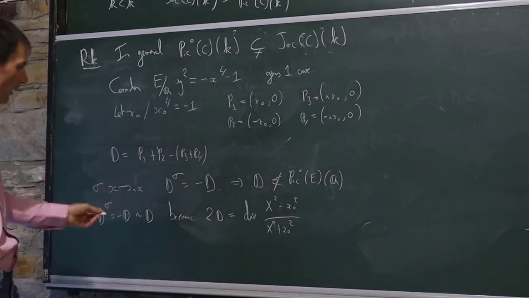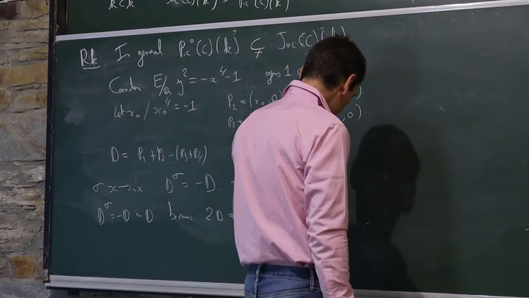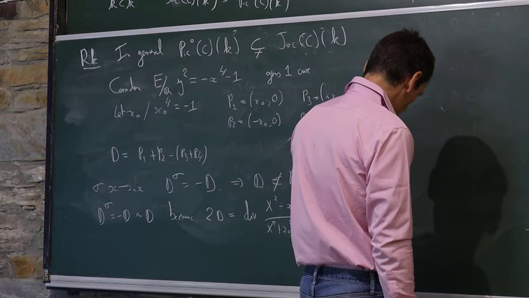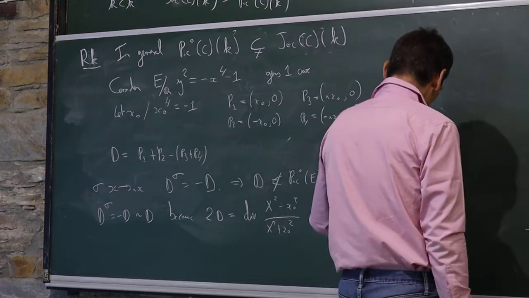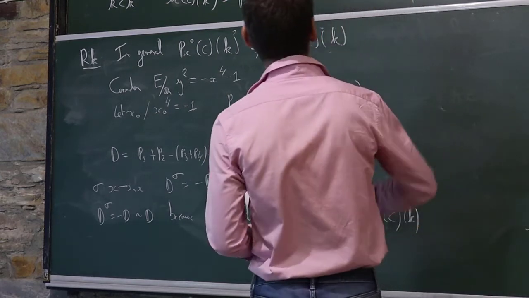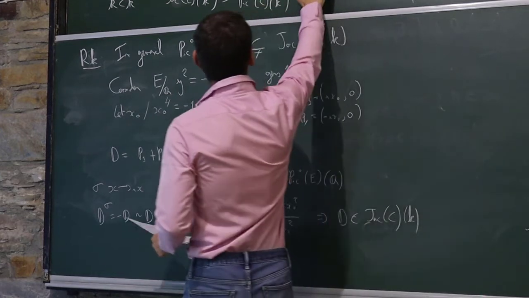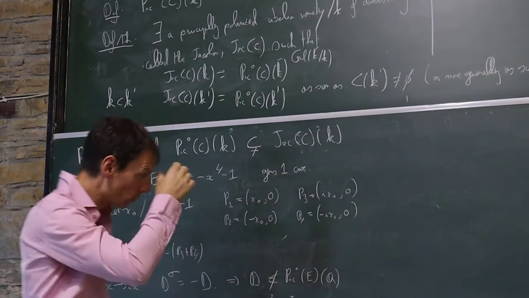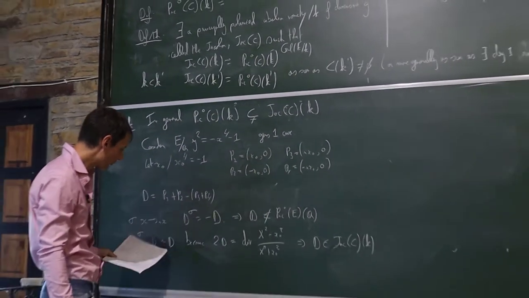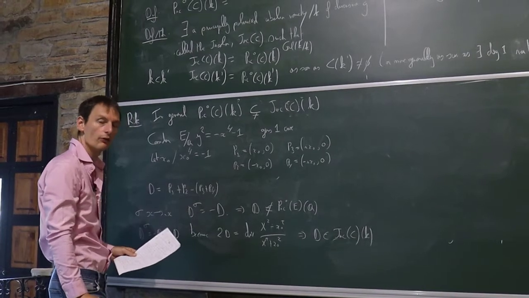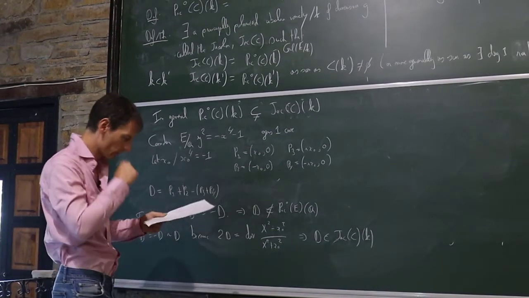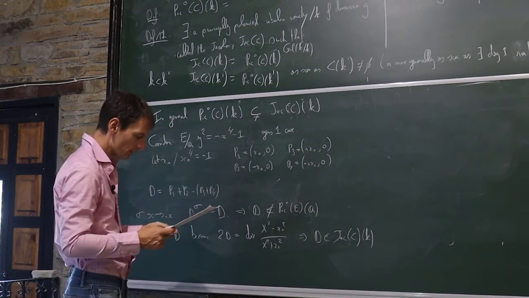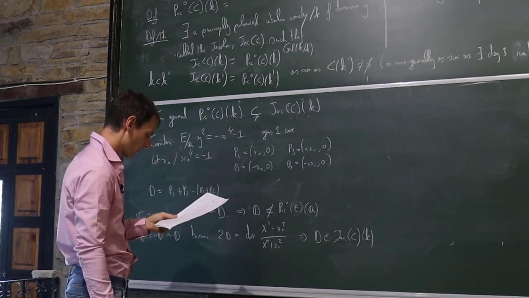So because of this, D belongs to Jac C of k. Because the Galois action here is on Pic 0, so it's up to equivalence only: you want an equality not as divisors, but as classes of divisors when you apply the Galois action. But as we said, over finite fields, we are quite happy. We won't have to deal with this kind of problem.